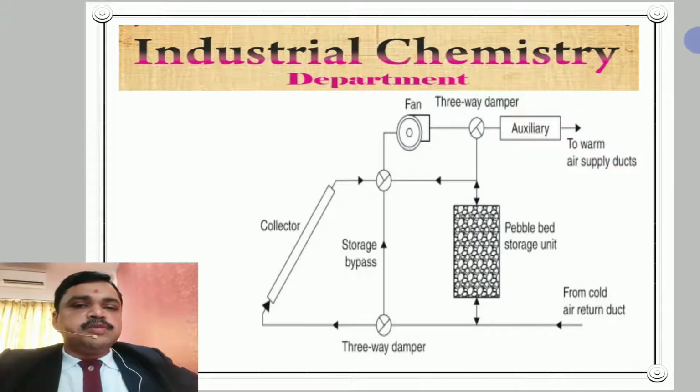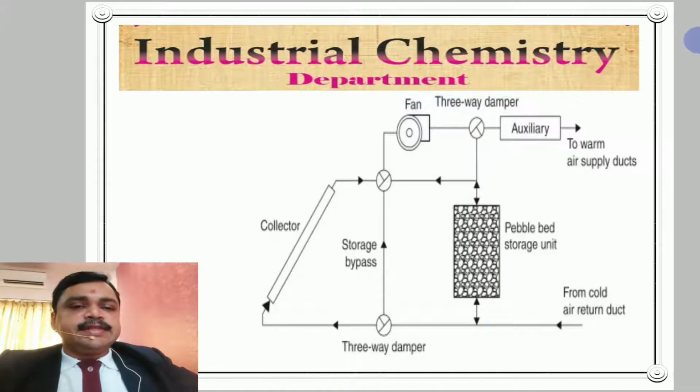This type of system is used for drying timber. Please note that the forced circulation type dryer is used in the drying of timber.